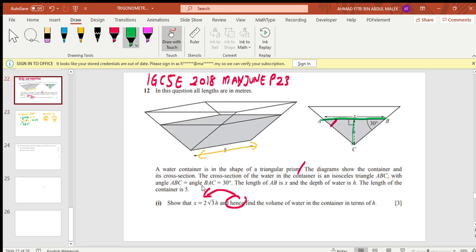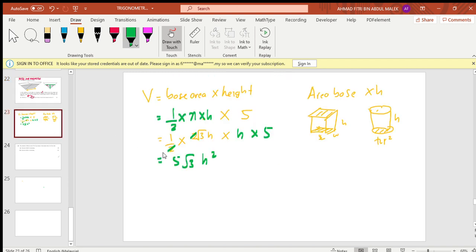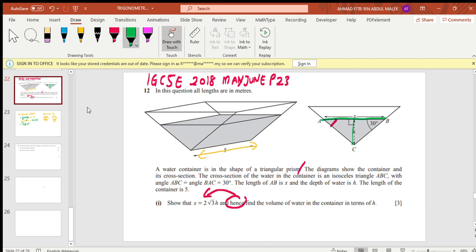Now, without doing the first section, you already get marks here. Now we go to the tricky part: how to show that.